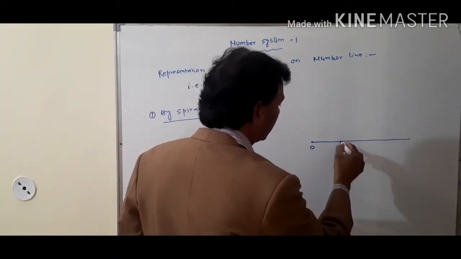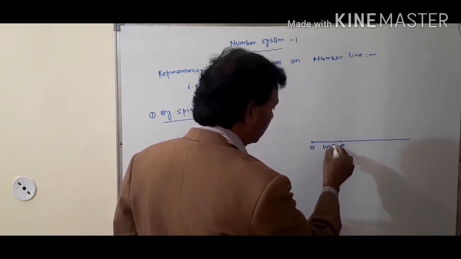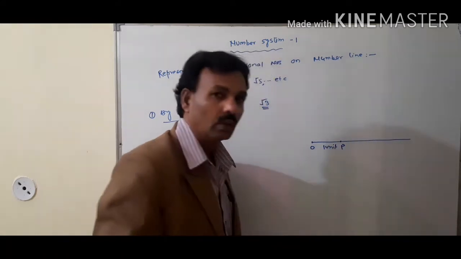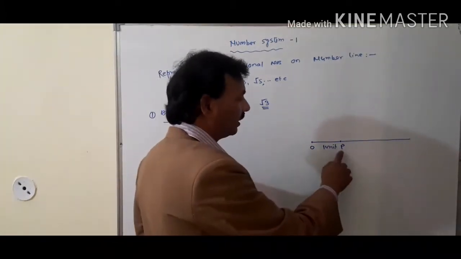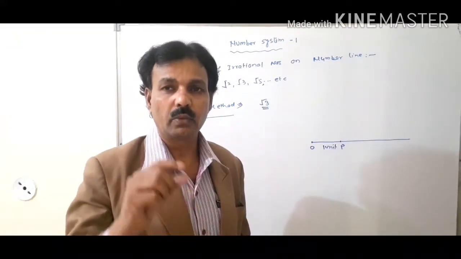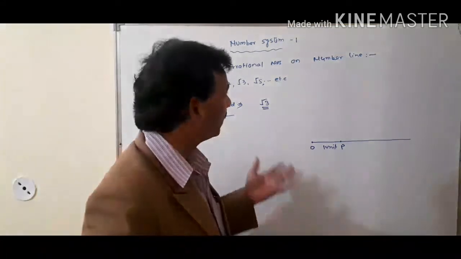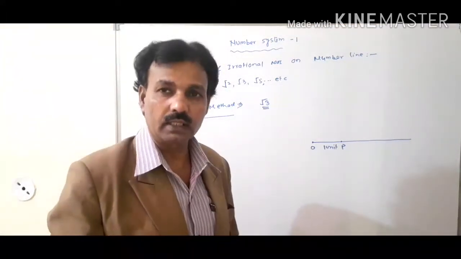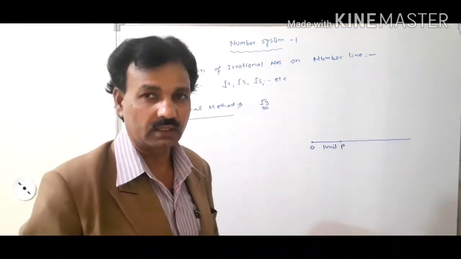Suppose this is P and OP is equal to 1 unit. Now at point P you should make a right angle with the help of a compass. You have already studied in 7th and 8th class how to make an angle with a compass.